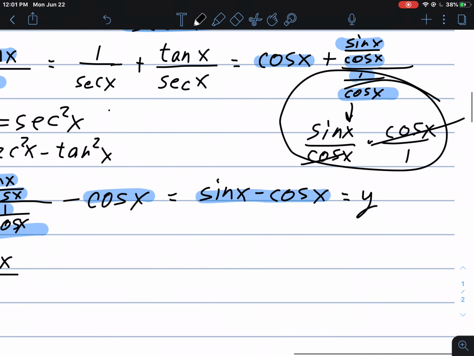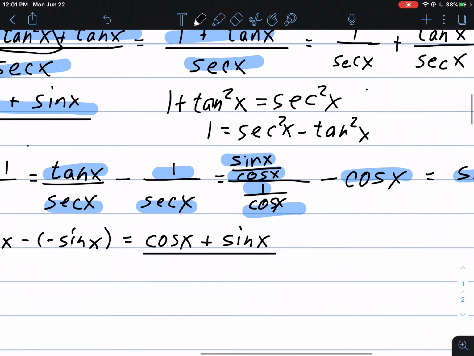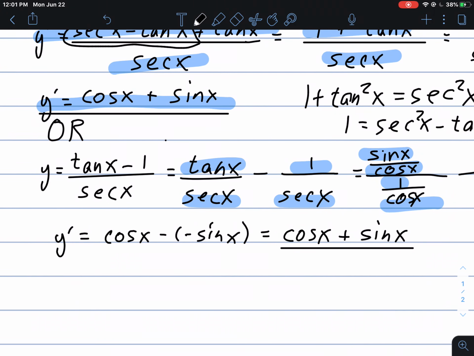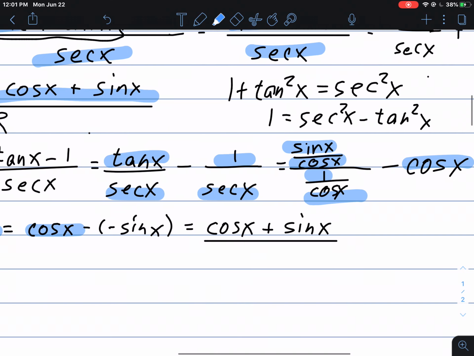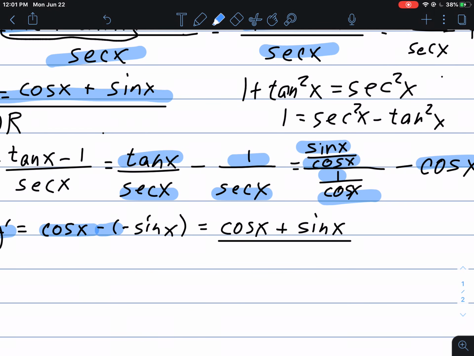And notice by rewriting the function this way, the derivative now is pretty simple. Because now I've got the derivative of sine, which is cosine. So y prime, the derivative of sine is cosine, minus the derivative of cosine, which is negative sine, or opposite of sine.